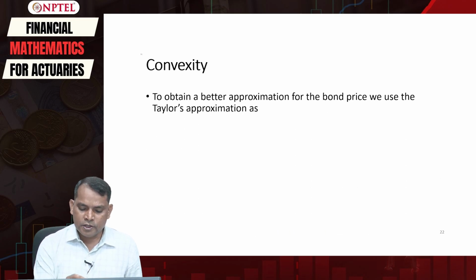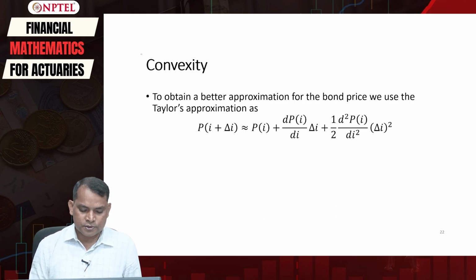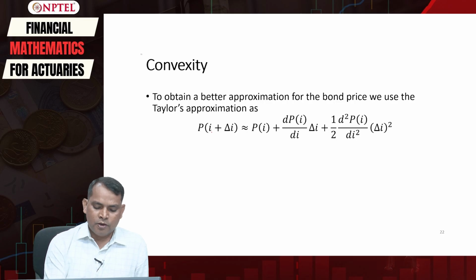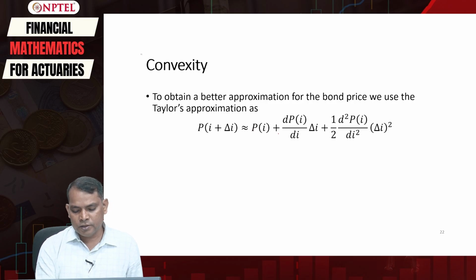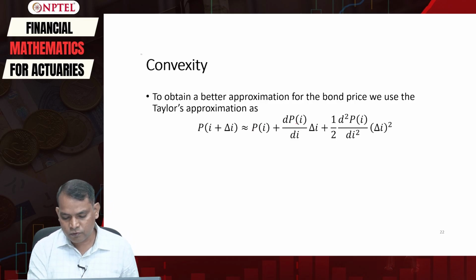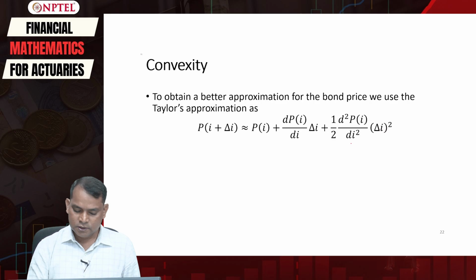To obtain a better approximation for the bond price, we use the Taylor approximation as this: P(i plus delta i) is approximated to P(i) plus the first derivative of P with respect to i times delta i, plus half of the second derivative of P with respect to i times delta i squared.